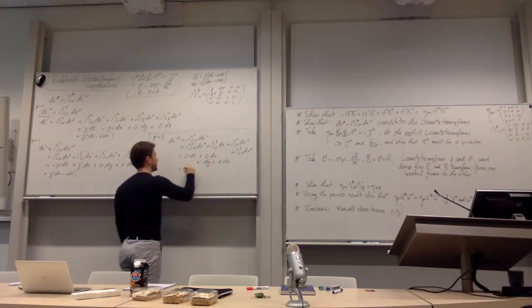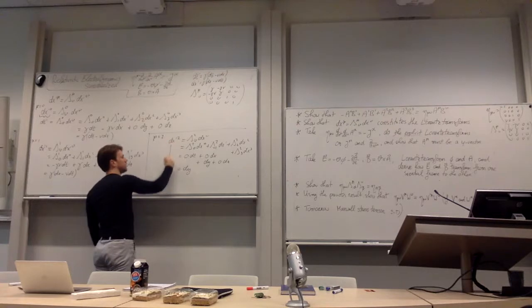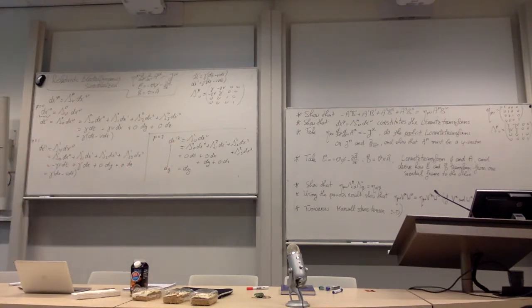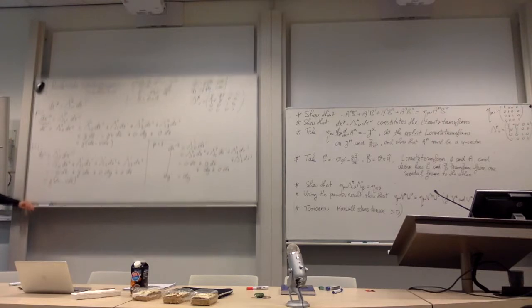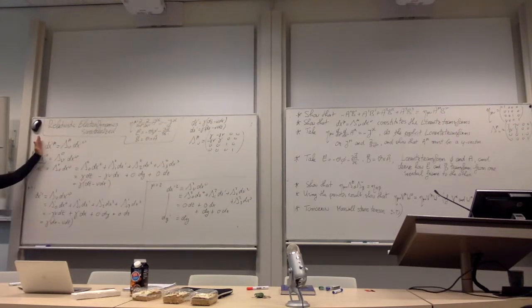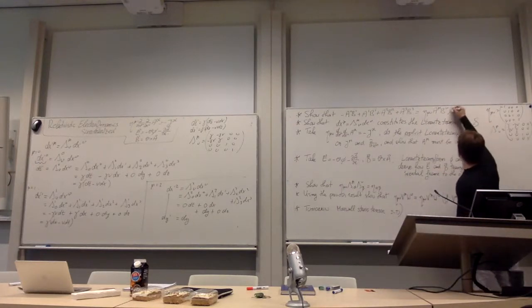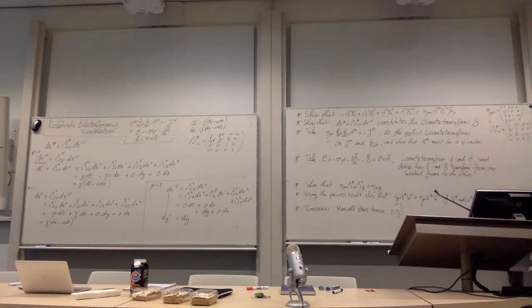In other words, this is what we call dy prime, and that indeed is the correct Lorentz transform. Same for dz. So this beautiful expression here is all the Lorentz transforms that there is in the universe. So that's good. So that's the first tip.